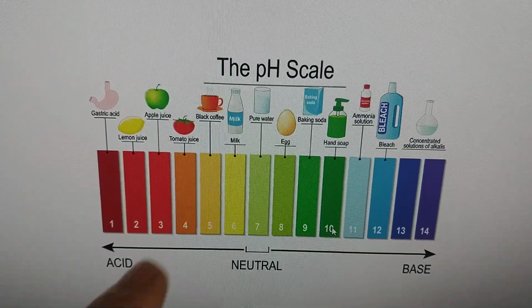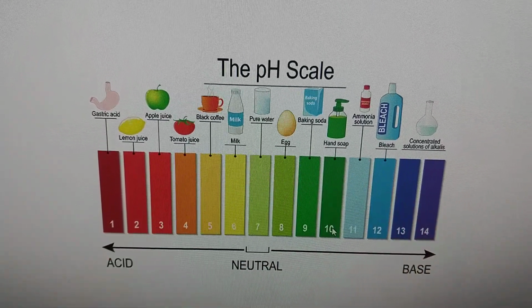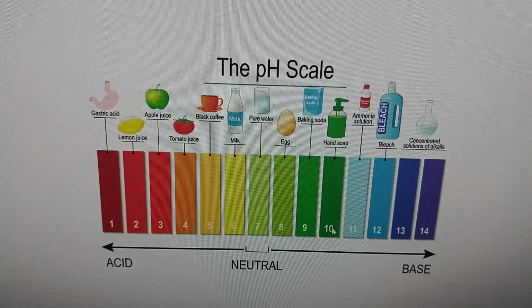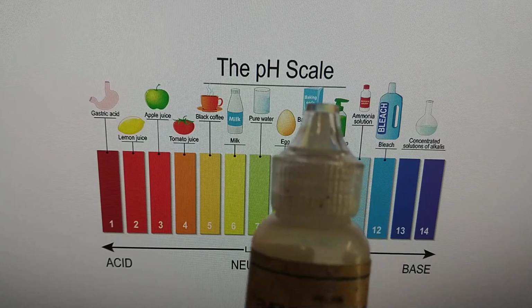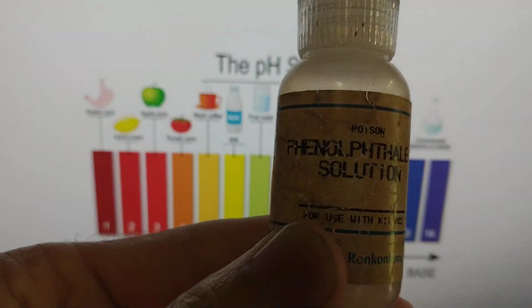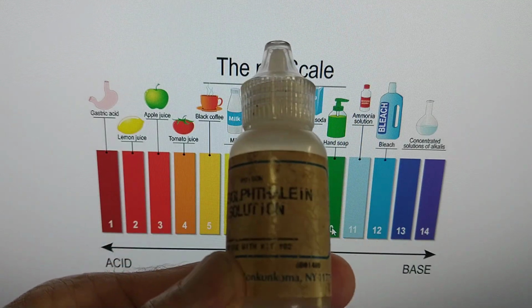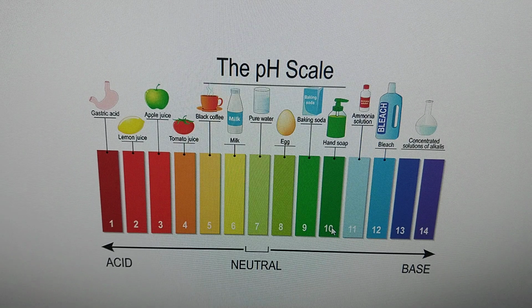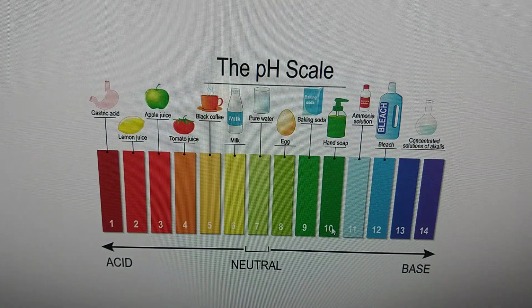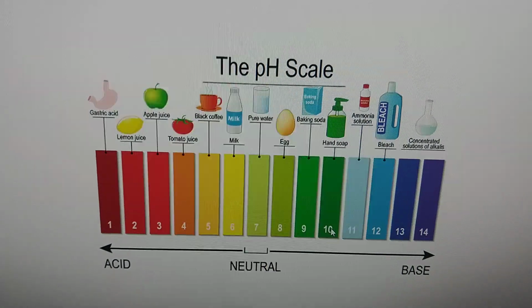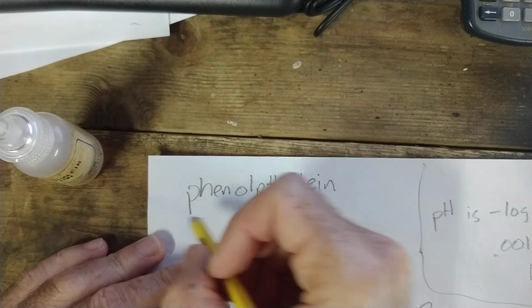Now, if you find something that's not obviously an acid or a base, let's say you find a clear liquid and you're not sure how acidic it is, you can use something called an indicator, like phenolphthalein. Phenolphthalein is a special chemical that changes colors when the acidity of it changes. Here's how phenolphthalein is spelled.